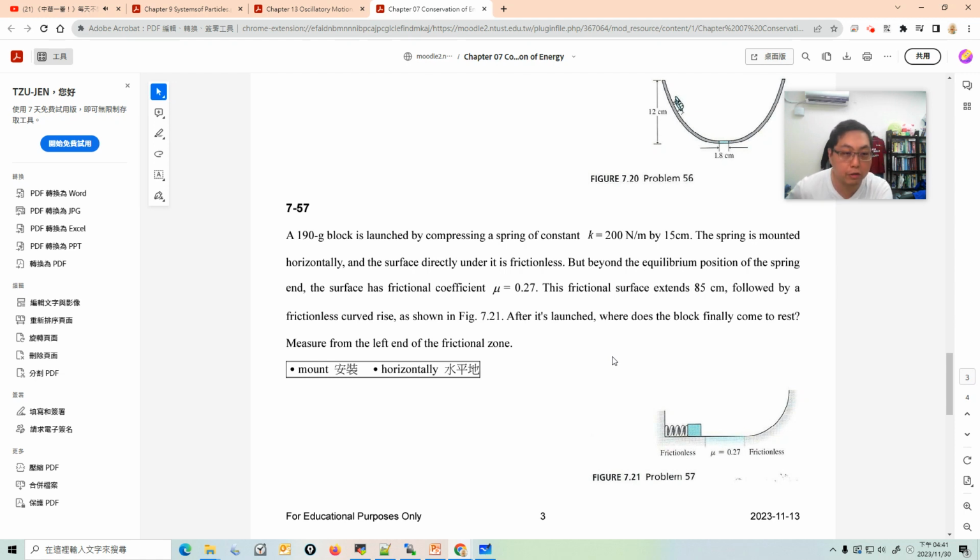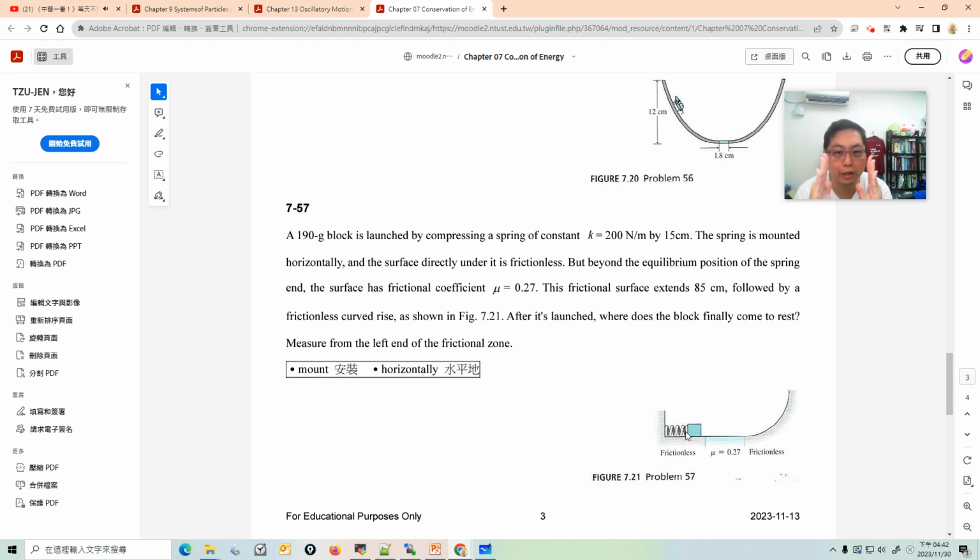This is an energy conservation problem, but I think it doesn't give you detailed information, and the detail is what I just said. After the object is released, the spring goes back to its equilibrium.